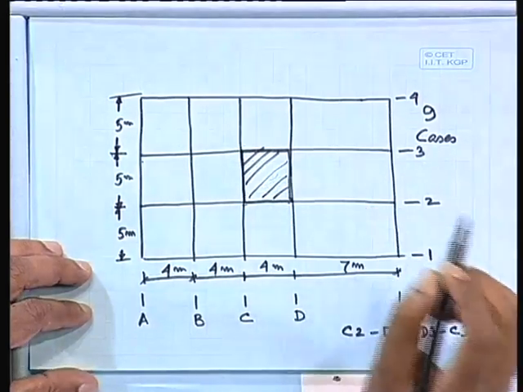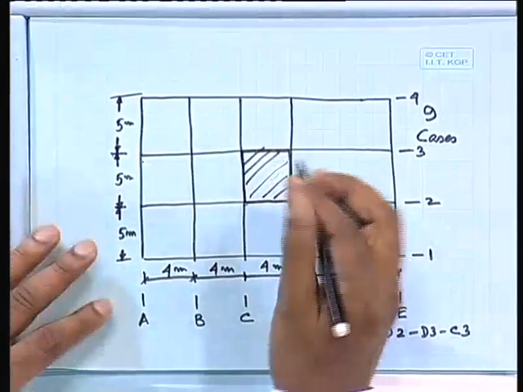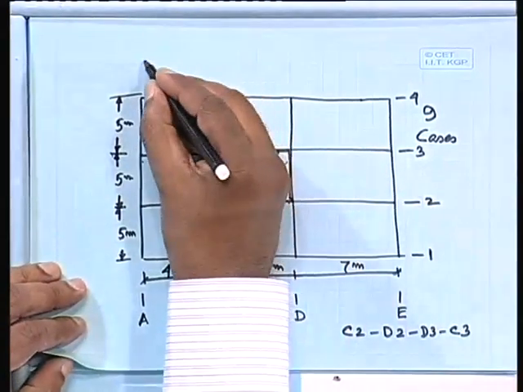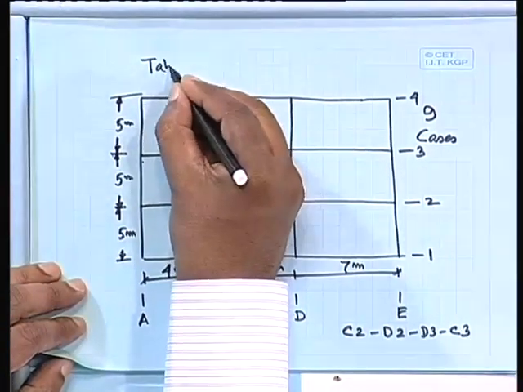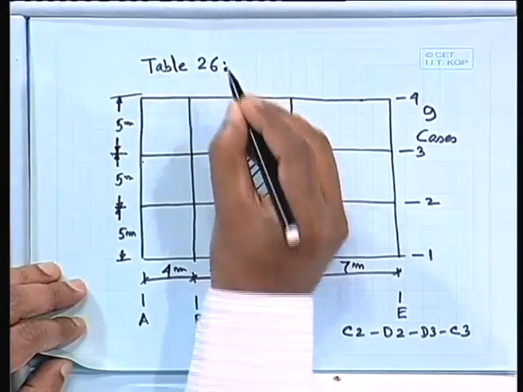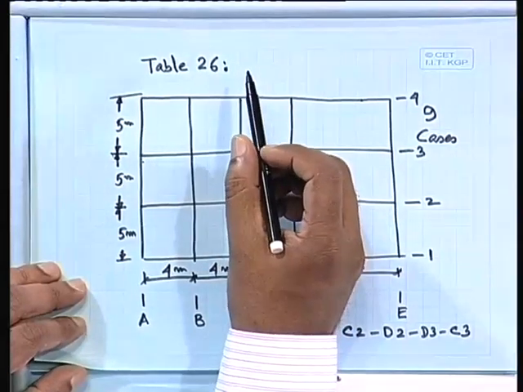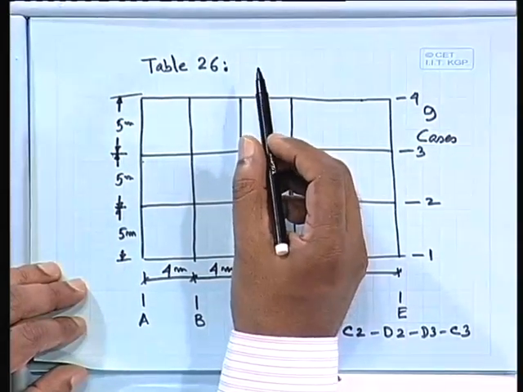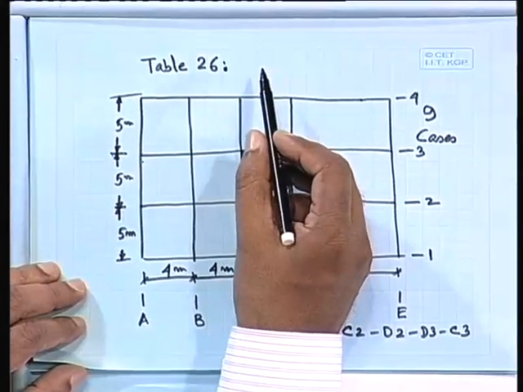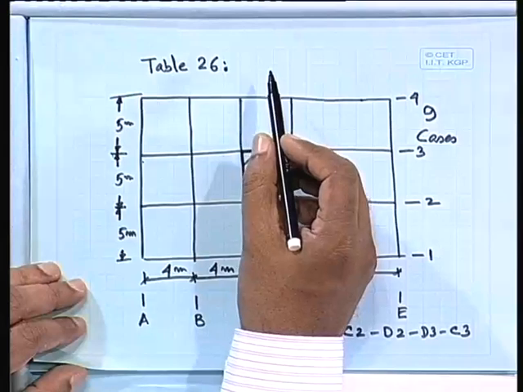Okay. So what are the different cases then? Those things we shall get for different cases in Table 26. The last one that we mentioned was Table 27, this is Table 26. It says bending moment coefficients for rectangular panels supported on 4 sides with provision for torsion at corners.